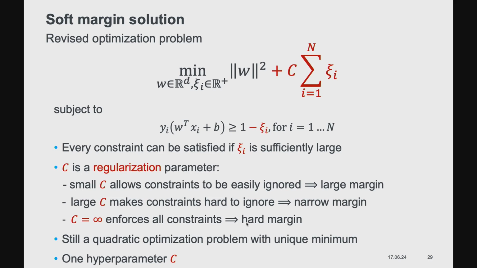You saw some examples before where this was not possible at all, when some outliers were on the wrong side, amidst other examples. And in between we have large C's that make constraints hard to ignore, but maybe lead to some narrow margin. What we have all the time is a quadratic optimization problem with unique minimum.